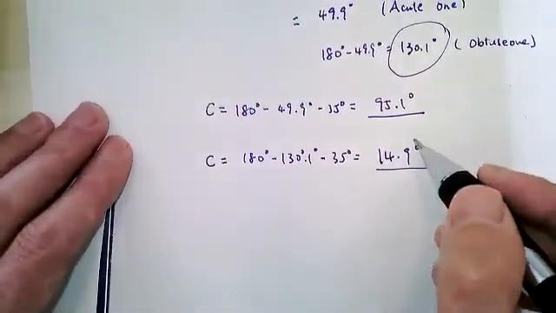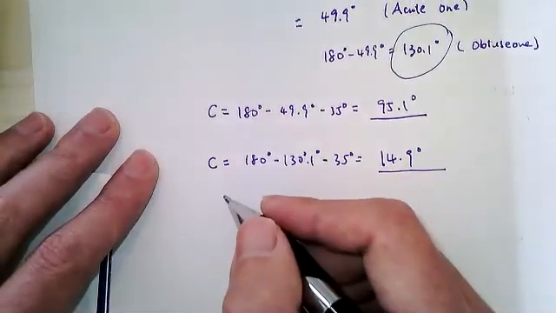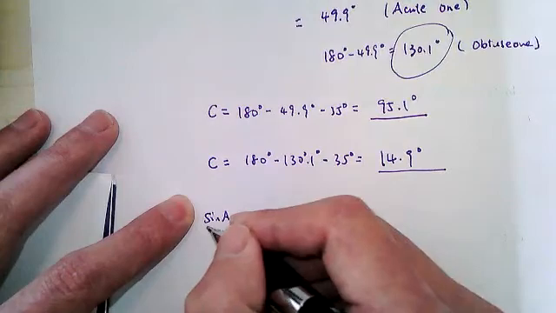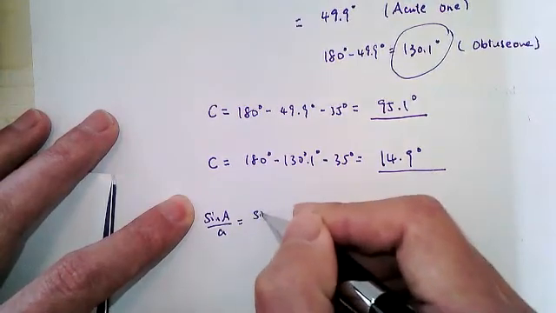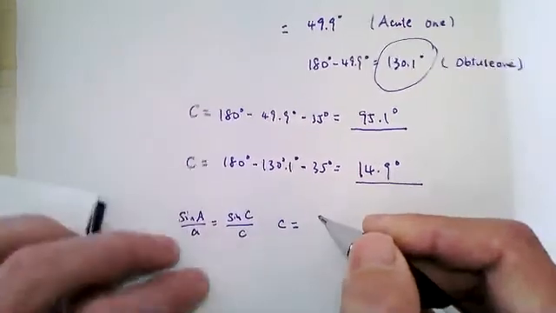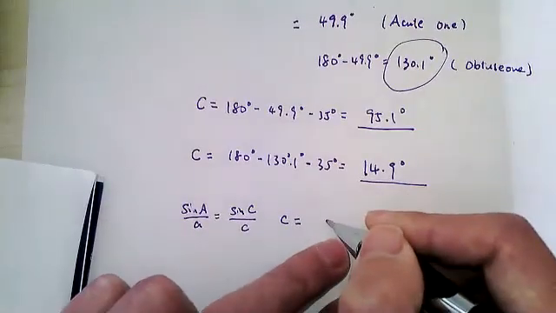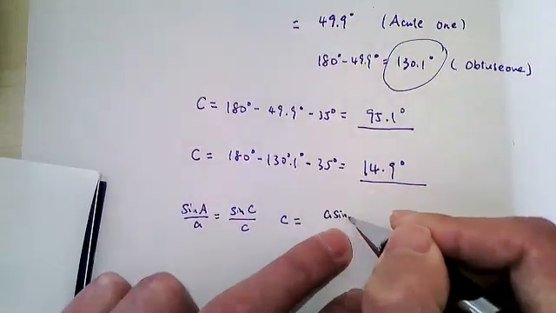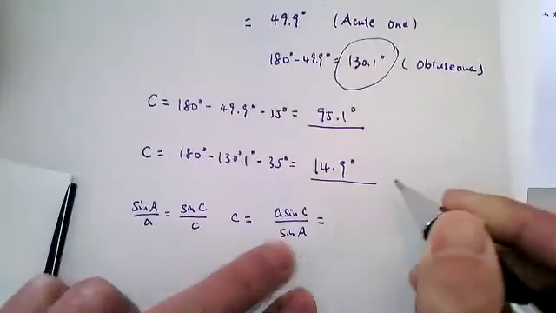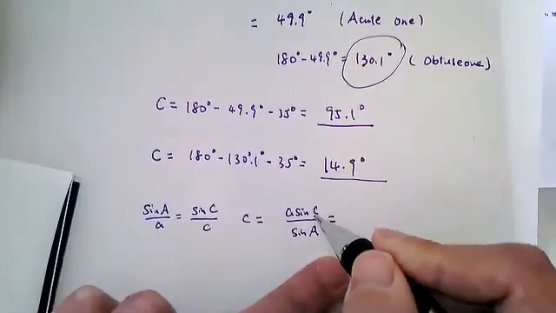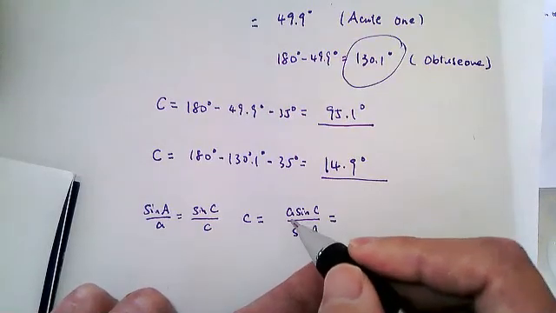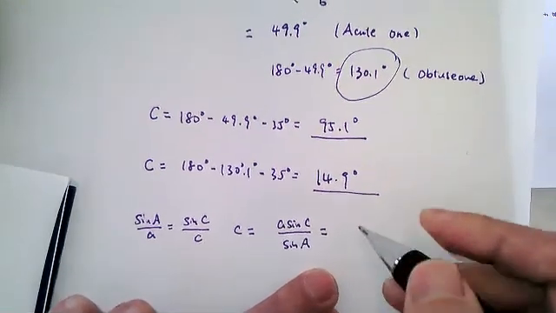The rest of the job is again to use the law of sines. Sine A over a equals sine C over c. So c equals a sine C over sine A. Now you know lowercase a.